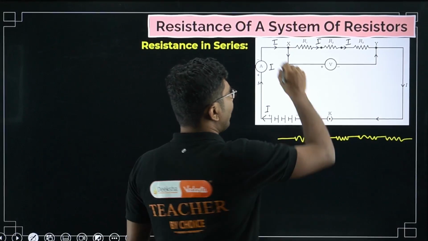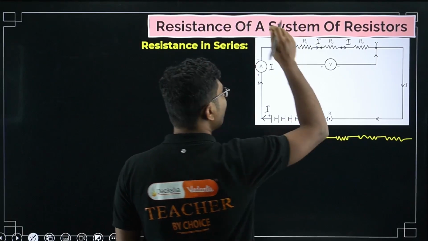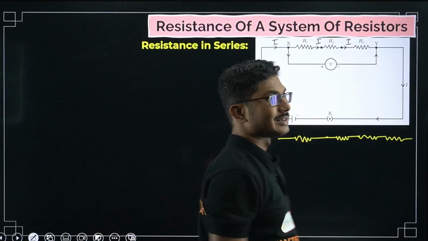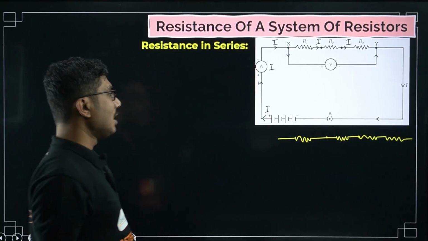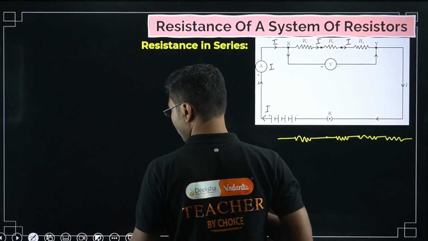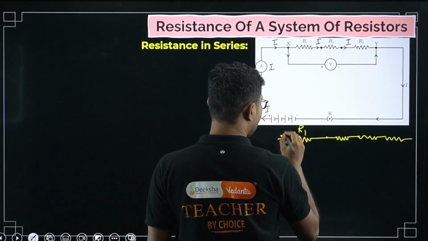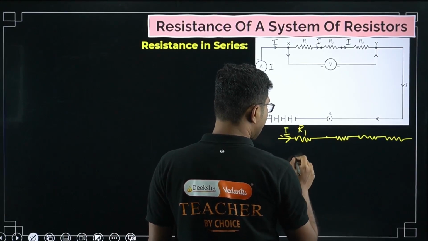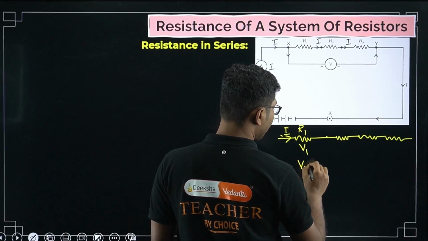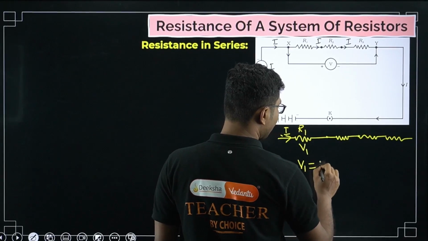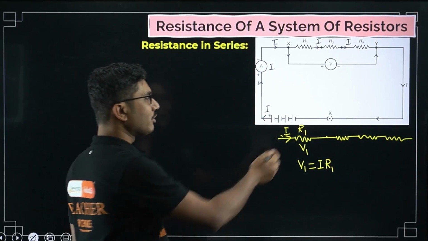Now when all of them are connected in series, what are the individual voltages across these resistances? For that, we have to go back to our Ohm's law formula. If this is R1 and the current is I, then the voltage across it, say V1, from Ohm's law equals I R, in this case I R1, because the resistance is R1.